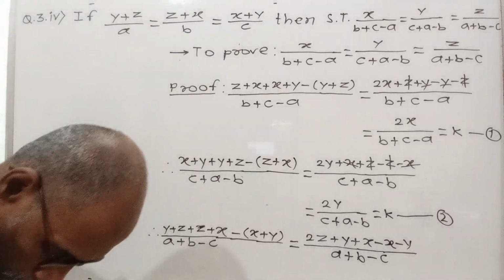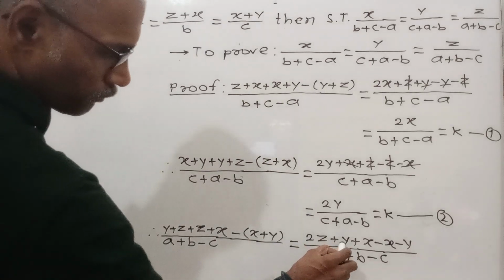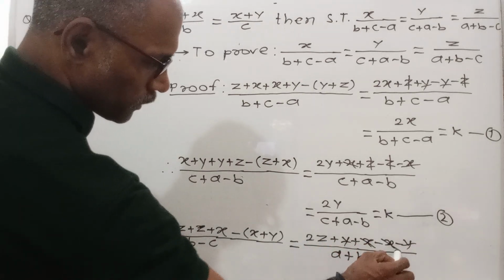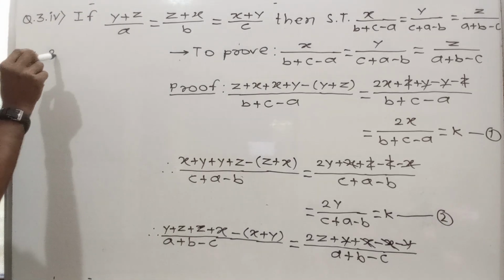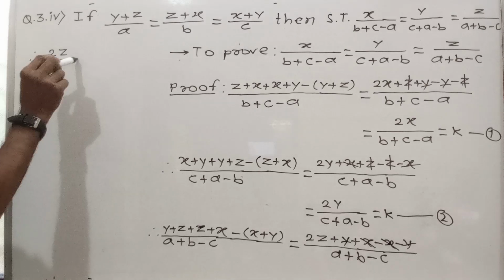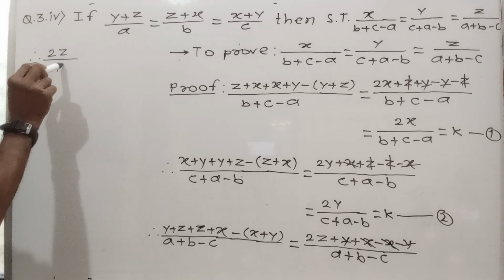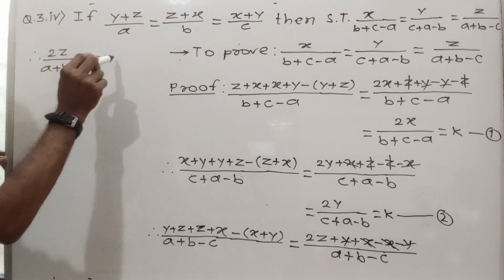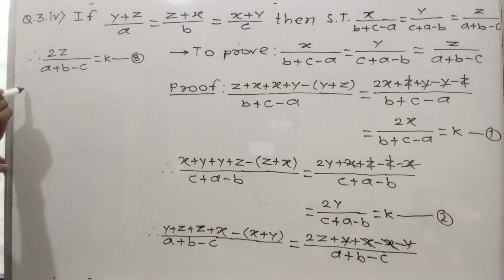Did you understand? Now here this plus y minus y and plus x minus x cancel. Therefore 2z upon (a plus b minus c) is equal to k. This is equation number 3.